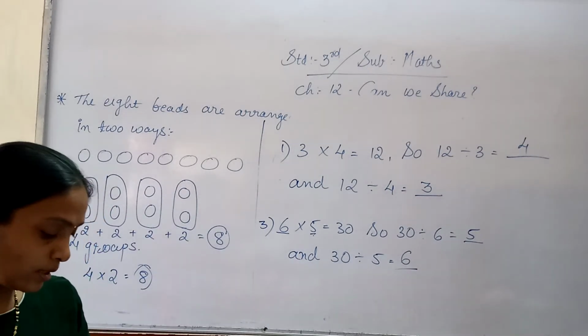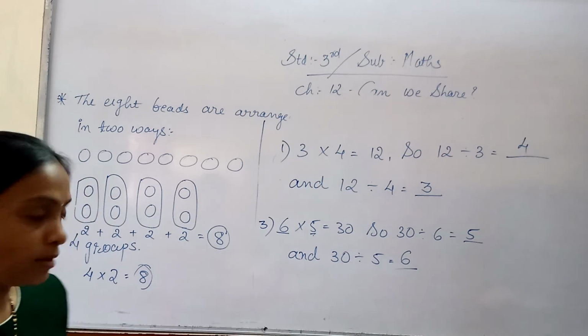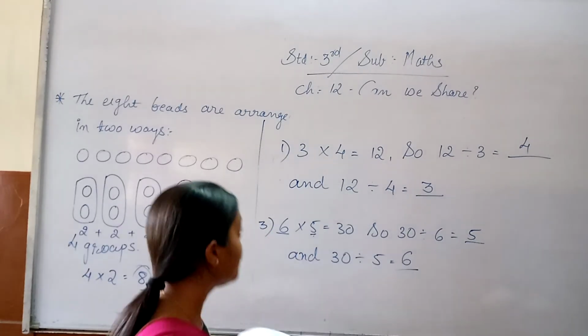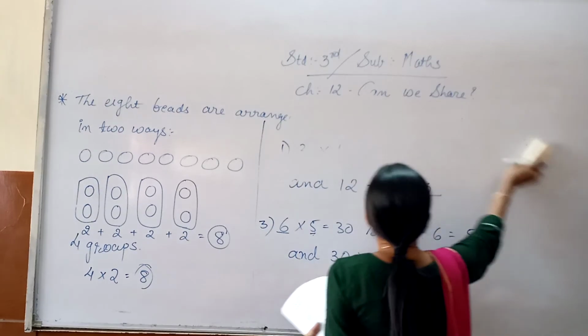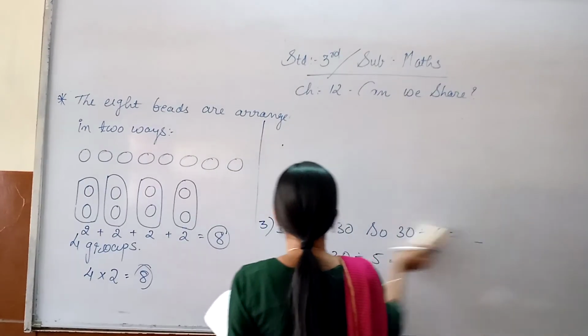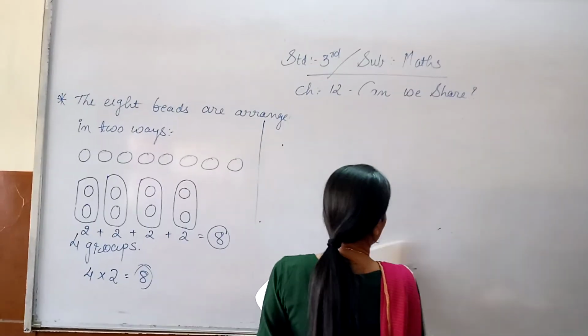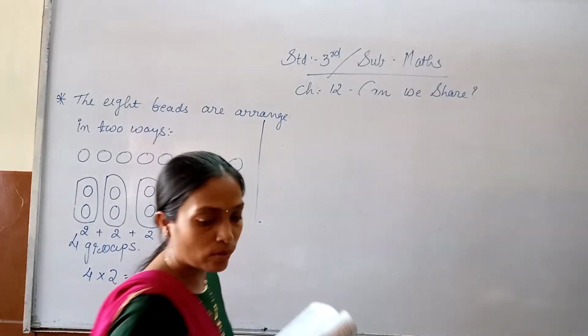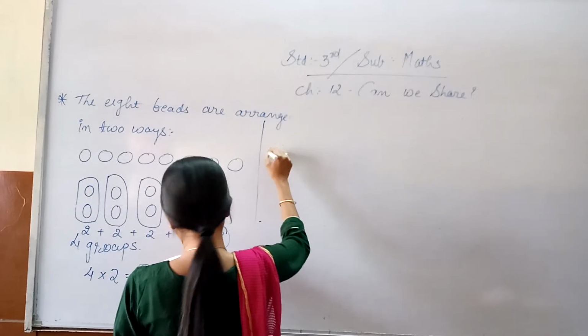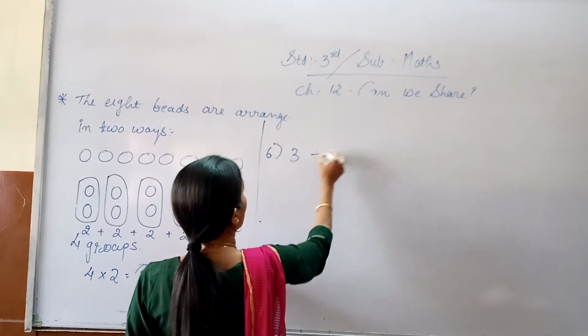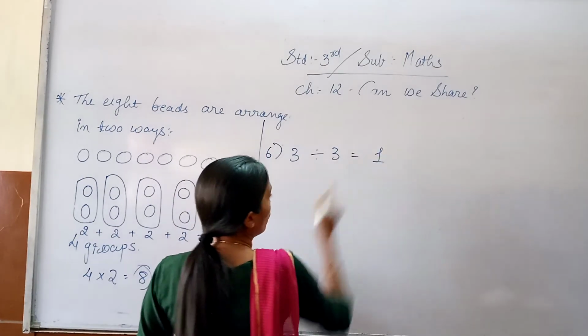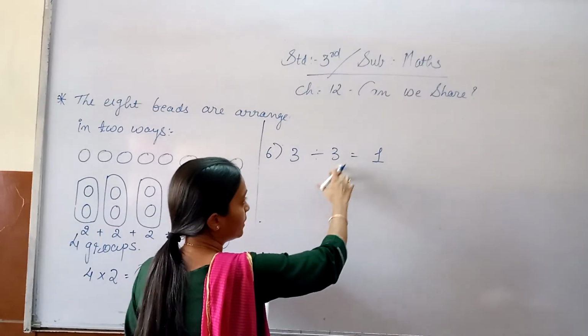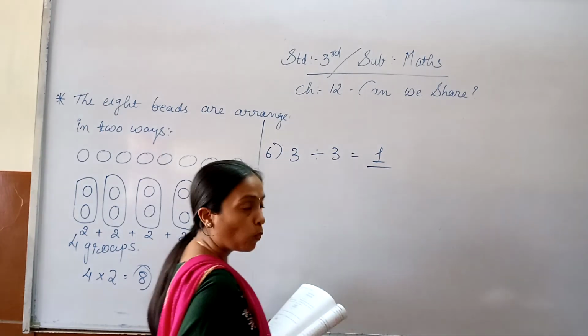Now we'll go to the next one, the sixth one. 3 divided by 3. Same numbers. If we divide 3 by 3, what do we get? 1. So the answer will be 1. If we divide a number by the same number, the answer will be 1.